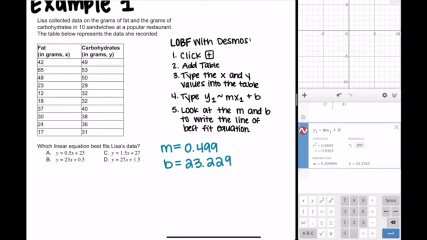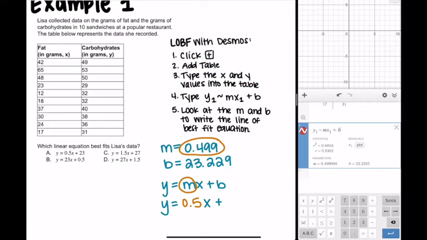So now what we're going to do is write y equals mx plus b. We're going to take our m value and put it in the place of m. So that would give us y equals about 0.5x plus our b value.